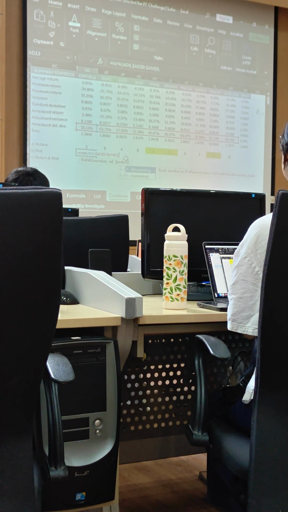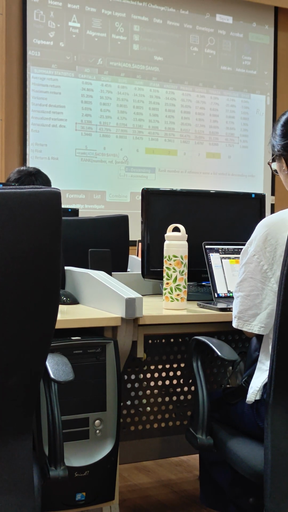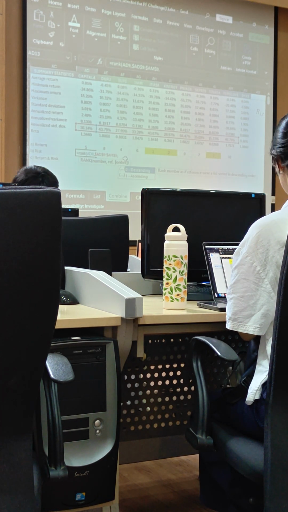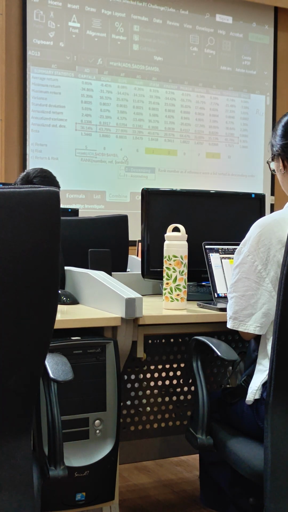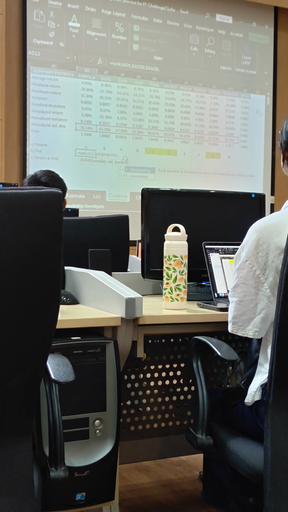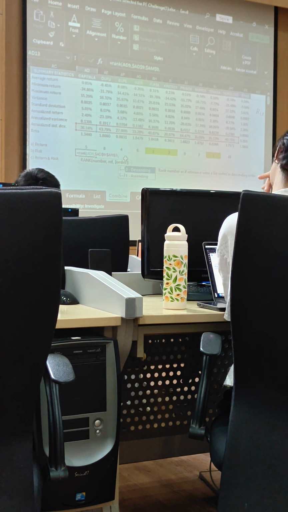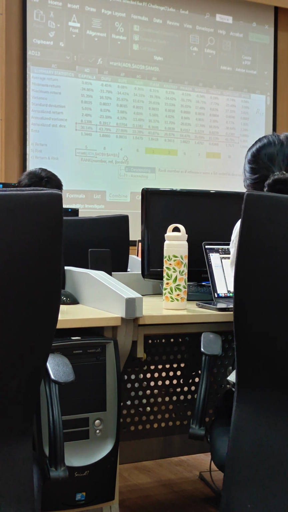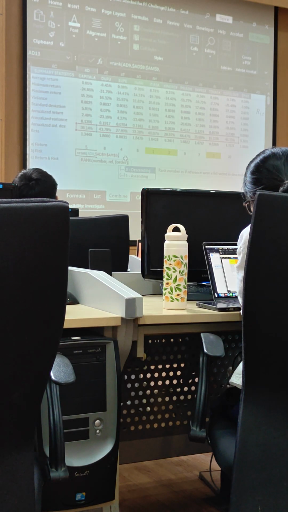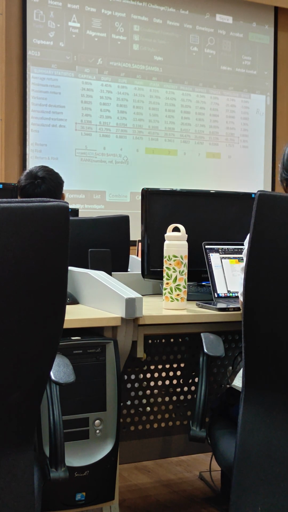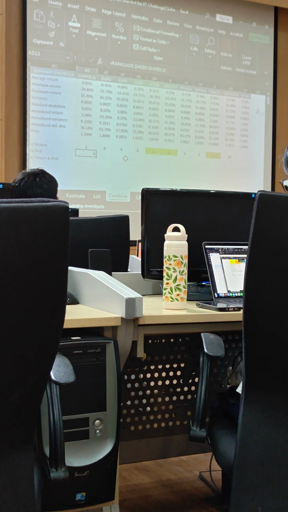And then for standard deviation, it is slightly different. Why? Because you prefer companies with least risk. When you mean least risk, you prefer those with the smallest standard deviation. So you need to put ascending, and then close the bracket.